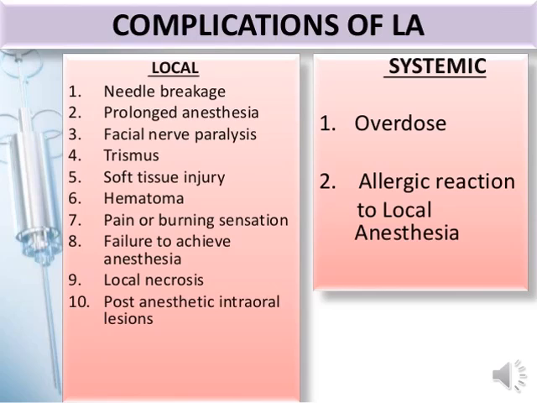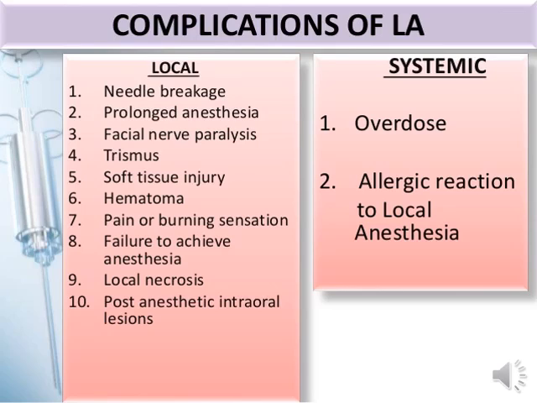Number nine is local necrosis. There might be disturbed blood supply of the area where you have injected the local anesthetic, which might induce local necrosis. And number ten is post anesthetic intraoral lesions. So these were the local complications.